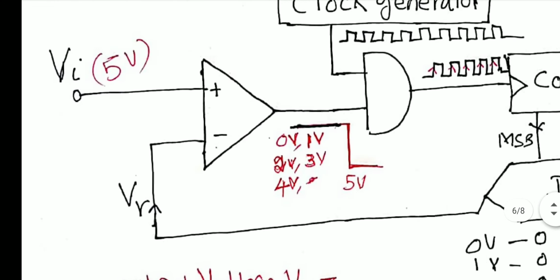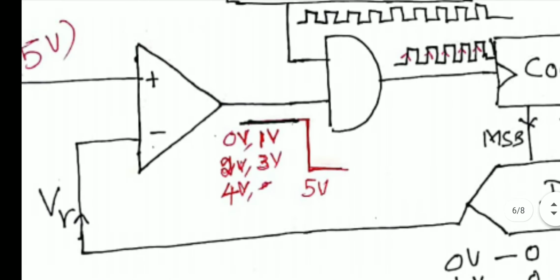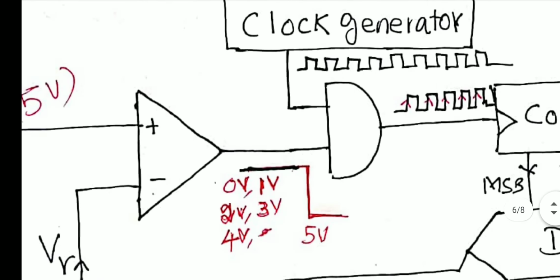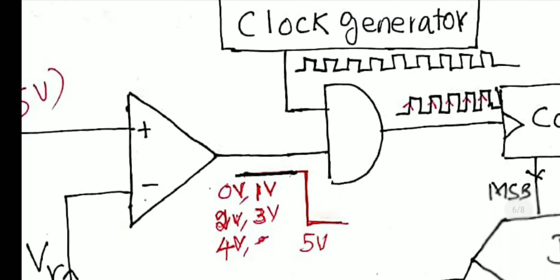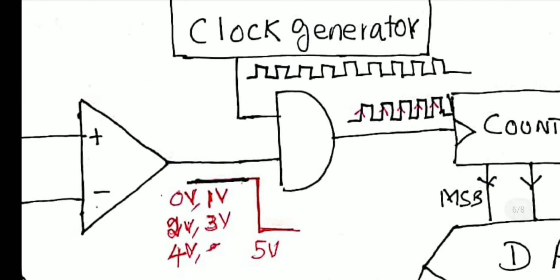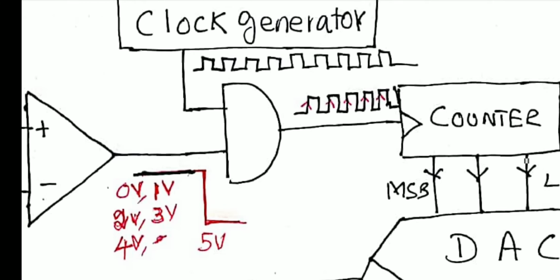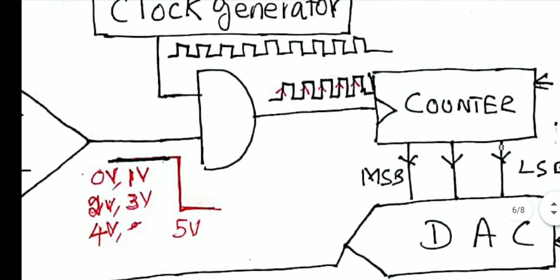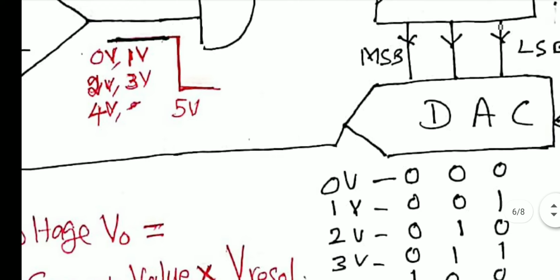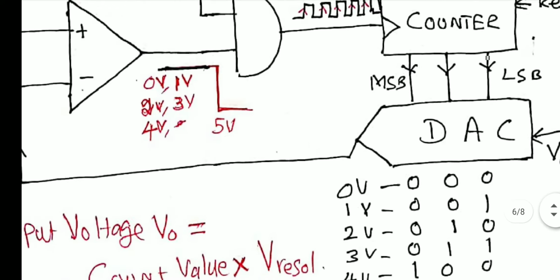Now the comparator compares the 5 volt with 1 volt. Again the comparator output is high, the AND gate is open, and the pulse is passed to the counter. The next pulse is given to the counter. The count value becomes 0 1 0, so the DAC output increments to 2 volt.